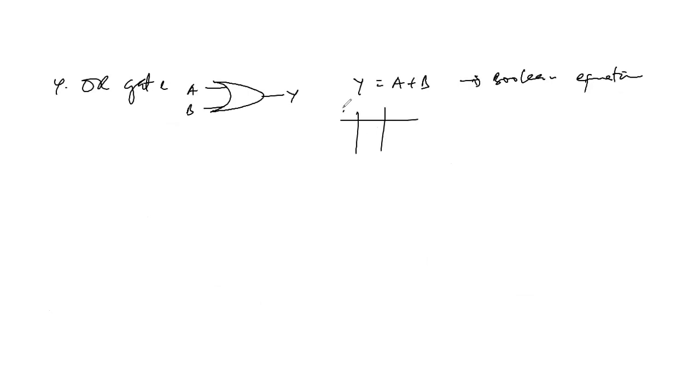Since we have two inputs, 2 to the power of n is 2 to the power of 2, which is 4 possible input combinations. So 00, 01, 10, 11, right? So 0 plus 0 is 0, 0 plus 1 is 1, 1 plus 0 is 1, 1 plus 1 is 1. This is the truth table.